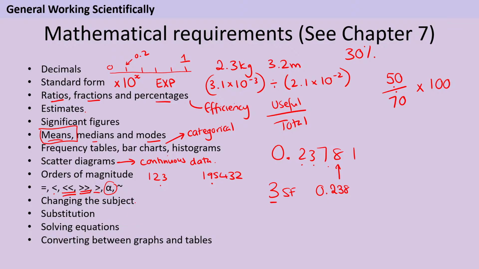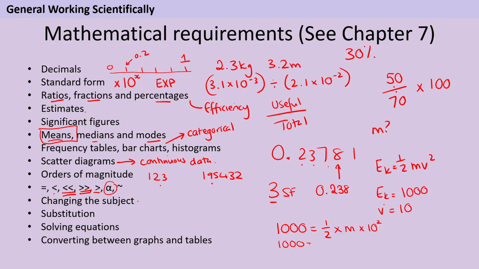Changing the subject. So I mentioned before that you don't necessarily have to change the subject before you substitute. So if we gave you something like this and we said we wanted to work out what's m, and we told you that the amount of kinetic energy was 1,000 and the velocity was 10, then you could do 1,000 is half times m times 10 squared.